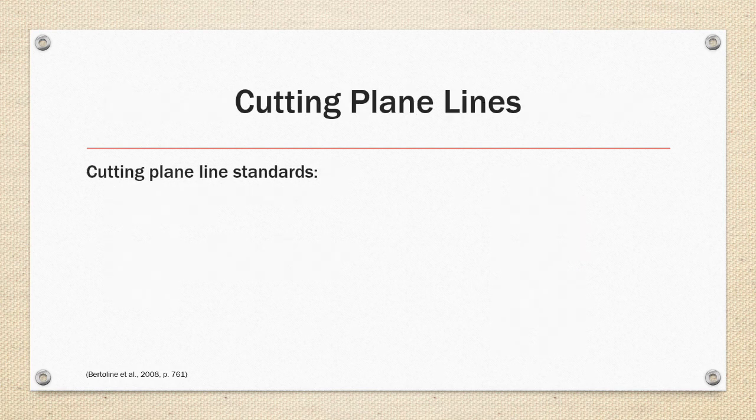The ASME Y14.5 standard defines standards for cutting plane lines, and you have the option of one of two line types, but use the same line type throughout your individual drawing.